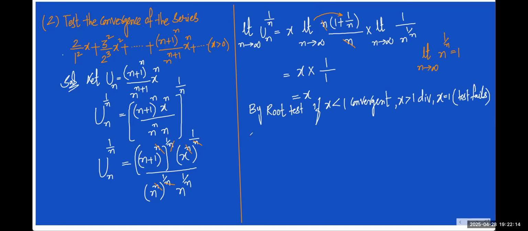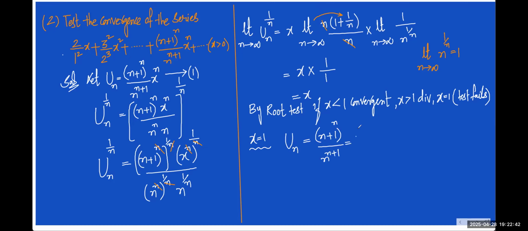So we have to put x is equal to 1 where? We have to put x is equal to 1 in our first step, the basic step, in the nth term. So if you put x is equal to 1, we get what? Un is equal to n plus 1 whole to the power of n, times x, where the x value is 1, and 1 to the power of n is 1 only, divided by n power n plus 1, which can be solved like that.